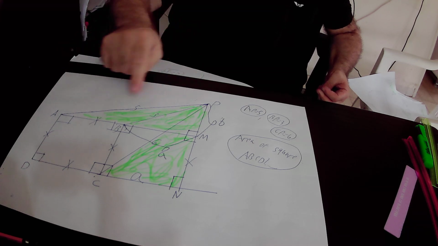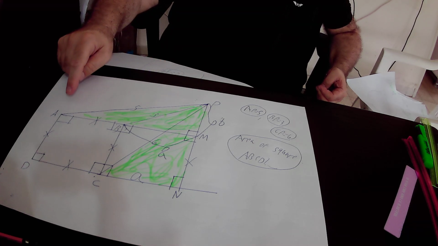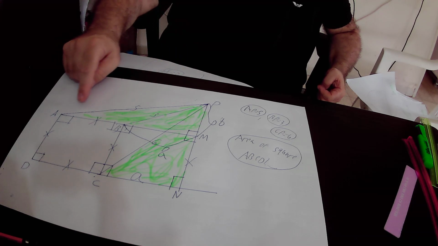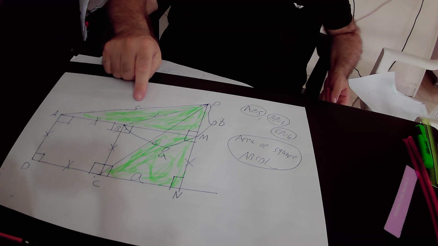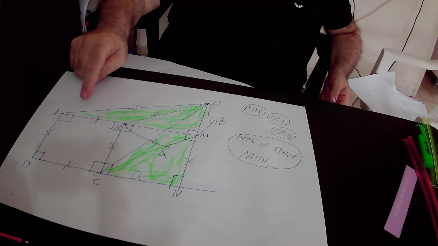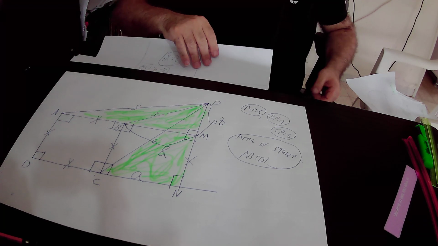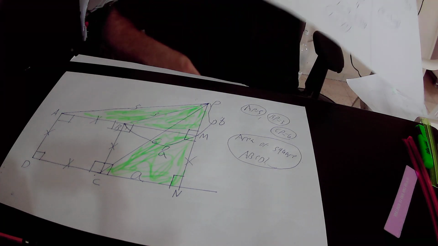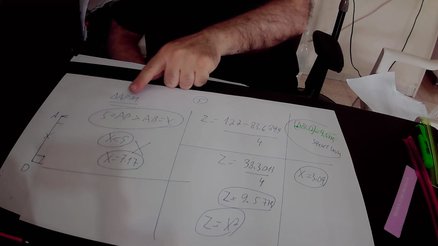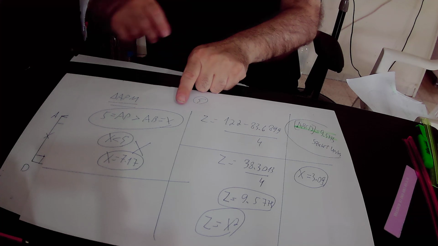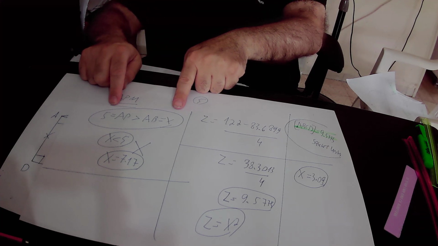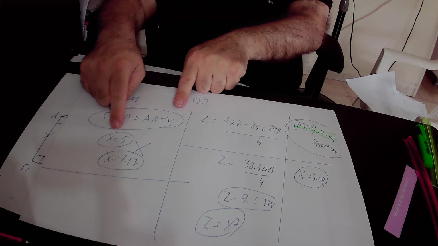So if AP is bigger than AM, let alone that AP will be bigger than AB, that is part of AM. So AP that is equal to 5 is bigger than AB that is equal to x. So from this inequality we get that x is less than 5 units.